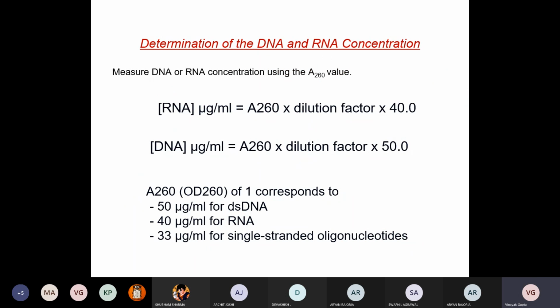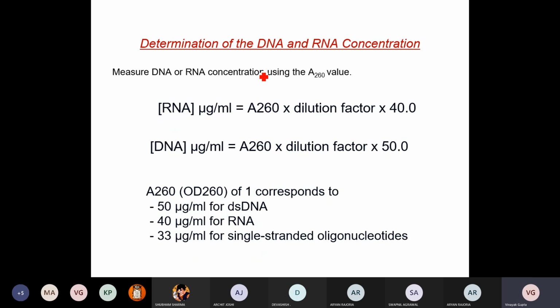So these are the formulas which we have to remember, and we should know the reason behind these formulas. We are getting them from the Beer-Lambert's law, considering the extinction coefficient, and especially the units, microgram per ml.